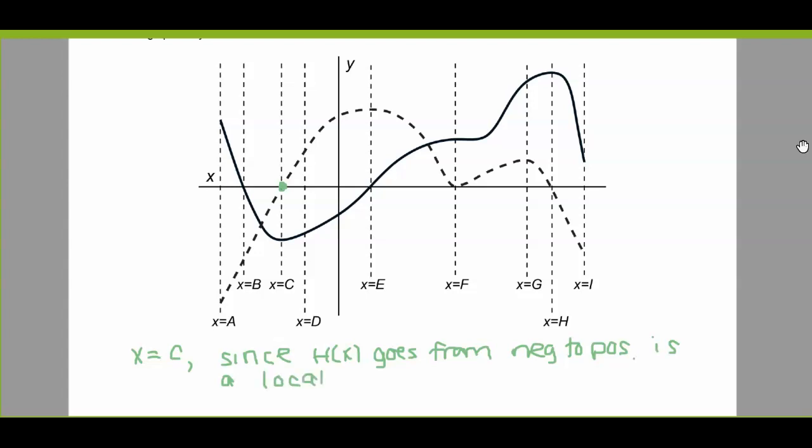In this case, negative to positive tells me decrease to increase. So we can say a local min of g of x.